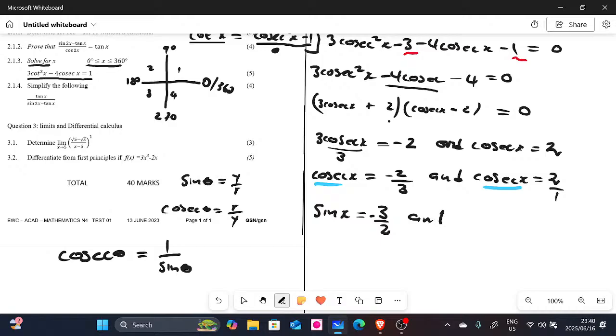And then sine x on this one is 1 over 2. Basically what you do, you swap these, but you change the trigonometric ratio into its inverse.